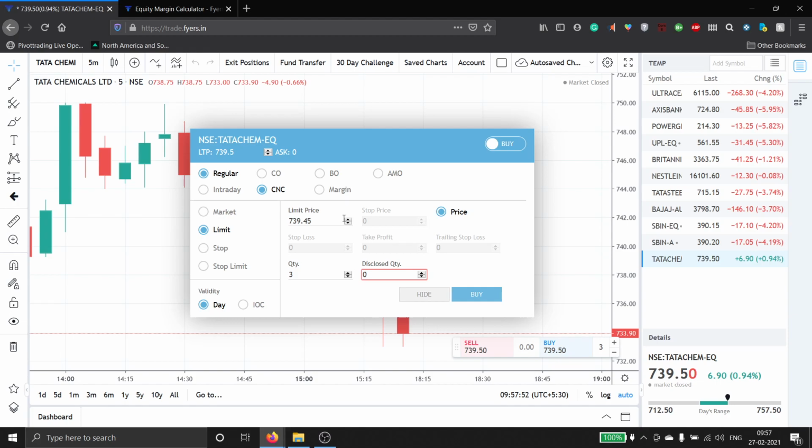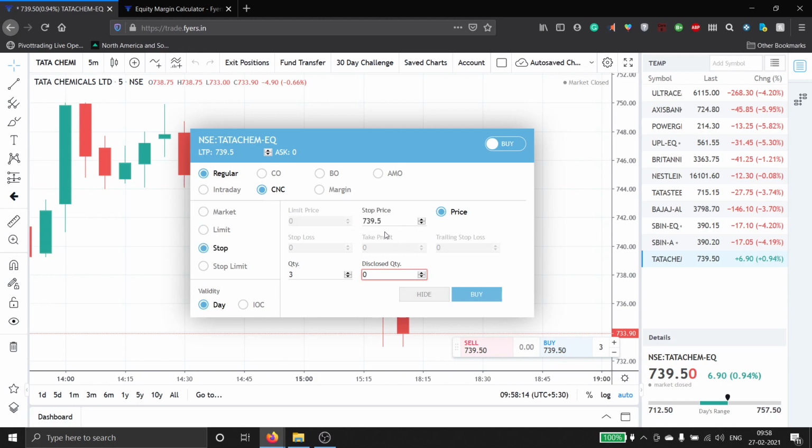So you have an option to buy at a lower price, and also you can buy at the same price, whatever the market price is. If you put a higher price, it will not allow you to buy. So that's the drawback of limit.